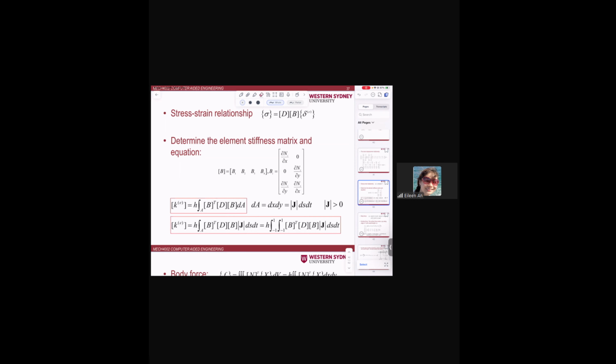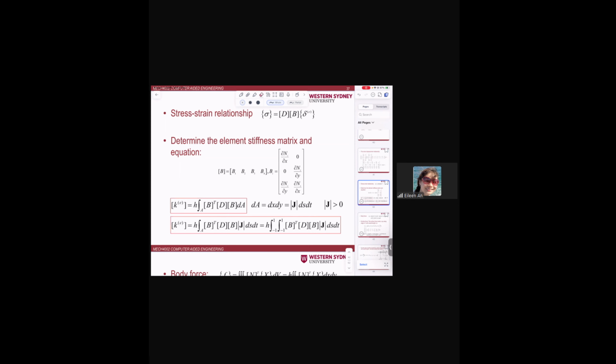We have to assemble the stiffness matrix K, right? But think about it. If we want to assemble something together, all those things must be in the same coordinate system, right? Which means when we solve the problem, we have to make sure this K is obtained in the global coordinate system, right?